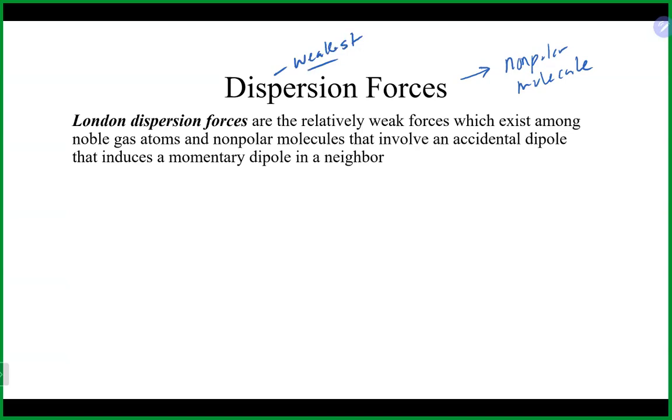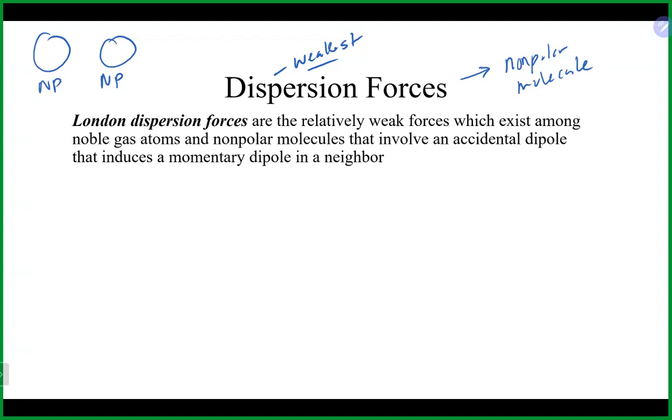And they are the weakest because they rely upon something happening to allow those molecules to get that separation of charge. So if something is nonpolar, pretty much it is neutral, which means they need something to happen to allow it to gain a charge so they can interact with each other.